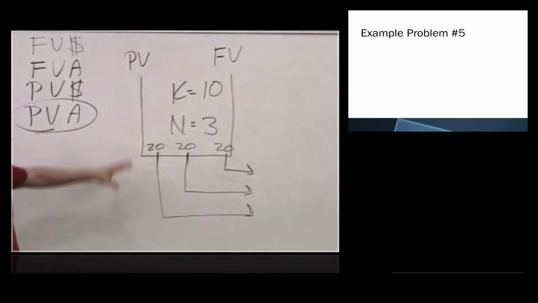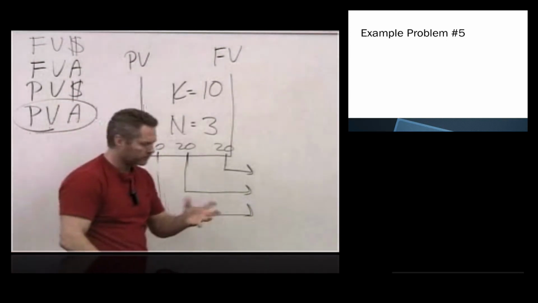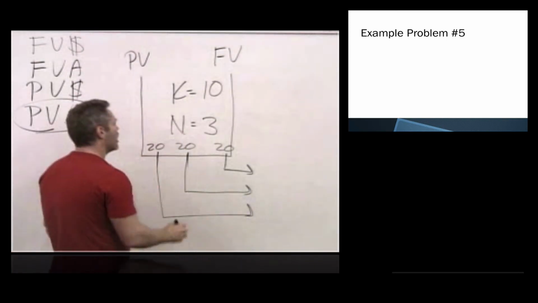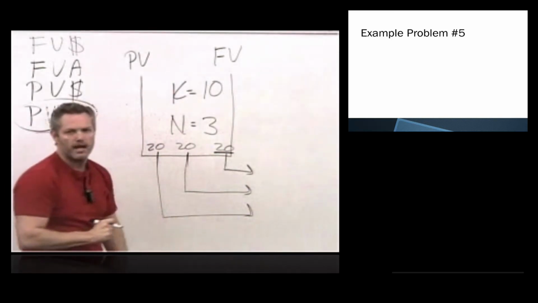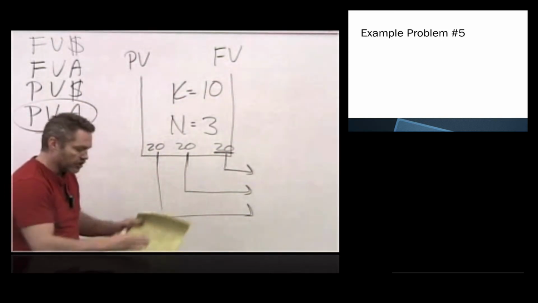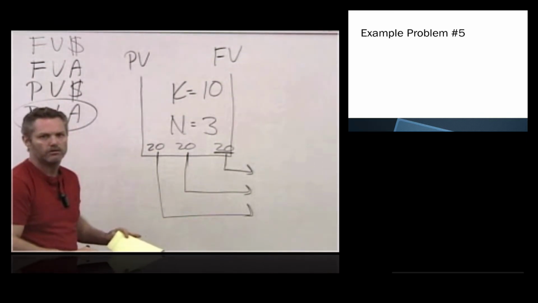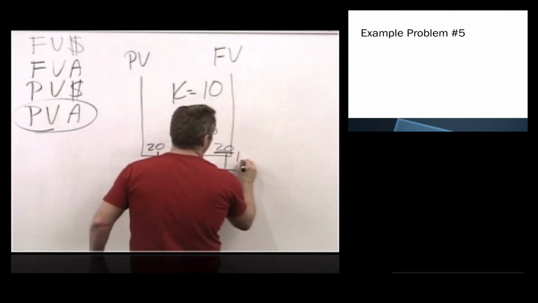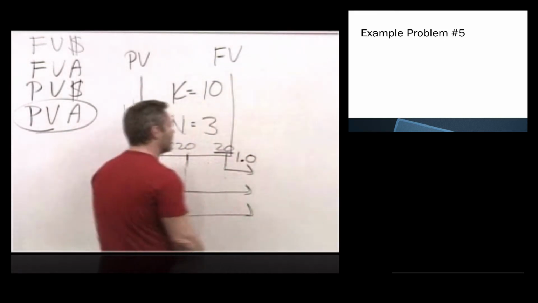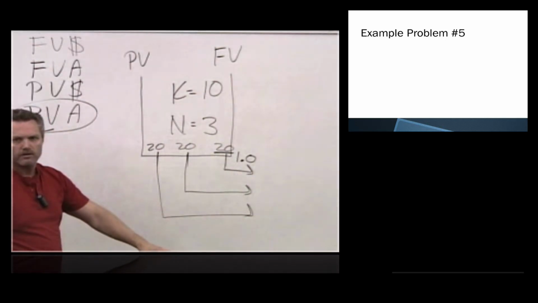Now, something interesting on the future value of an annuity chart, kind of quirky. The very last payment that is made, what happens is you deposit it into the account and it's immediately valued. So under all scenarios, this last cash flow is 1.0 because it doesn't spend any time in the account earning interest or anything.